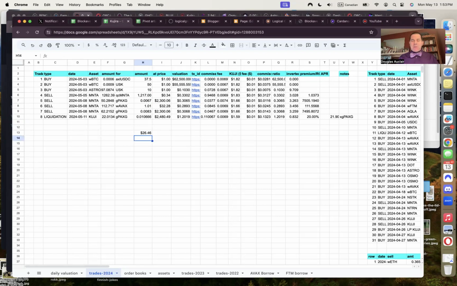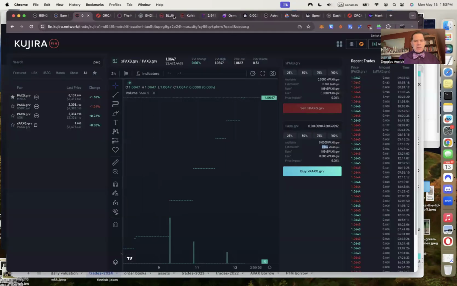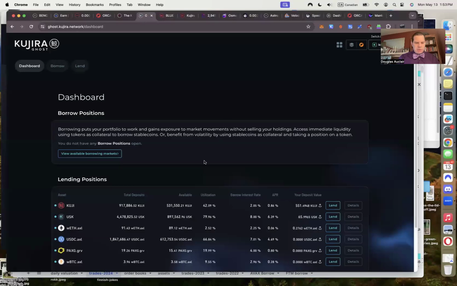So that's a pretty good return on my investment of gold. Much better than simply keeping gold in Ghost, because if I simply kept gold in Ghost, I'm earning 0.8% APR on that.